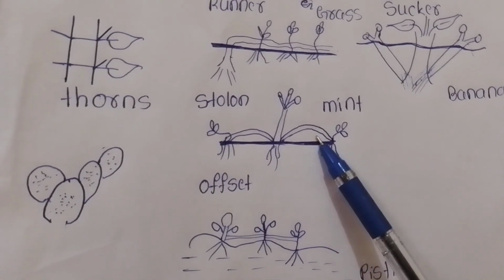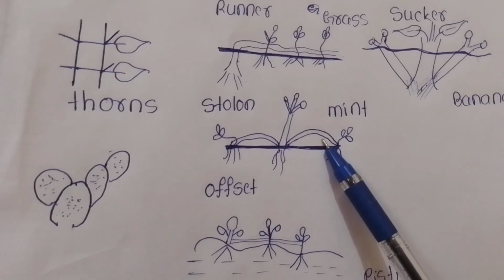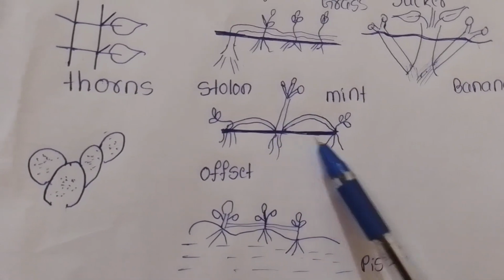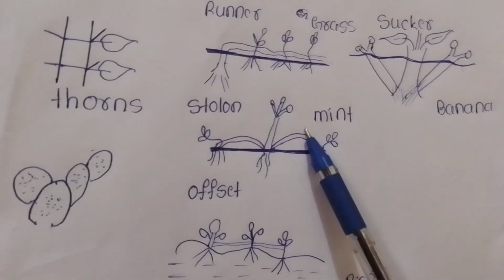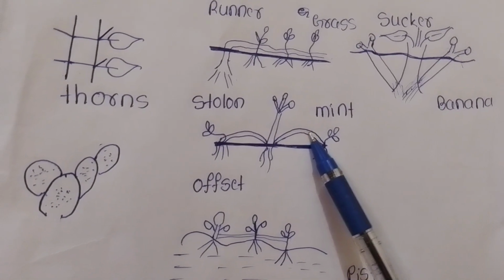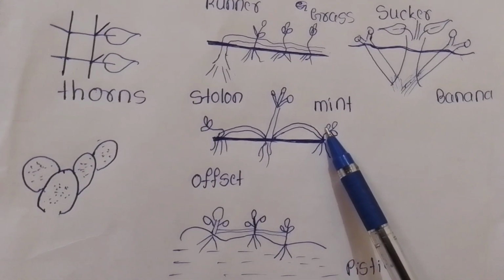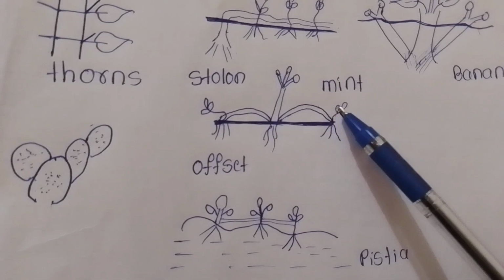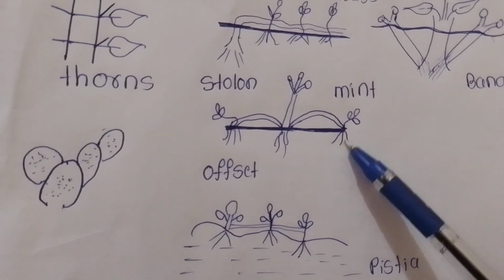A lateral branch has short internodes. These are the nodes, and each node bears rosette leaves and sturdy roots.